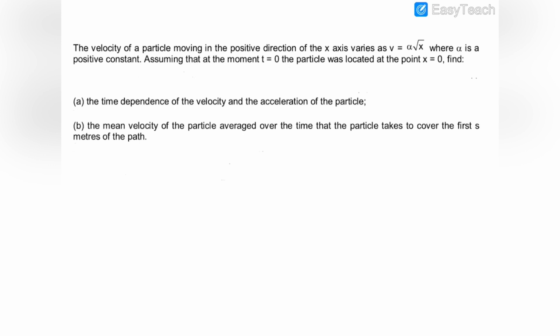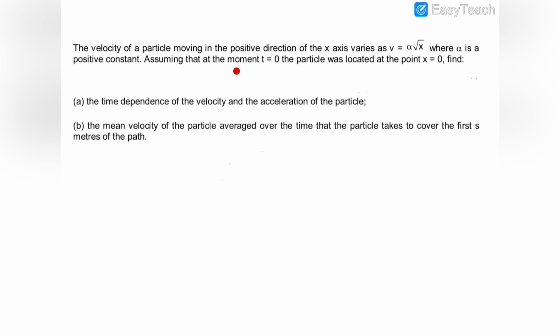Now in this question, you can see that the velocity of a particle which is moving in positive x-axis varies according to the relation v is equal to alpha root x, where alpha is a positive constant.